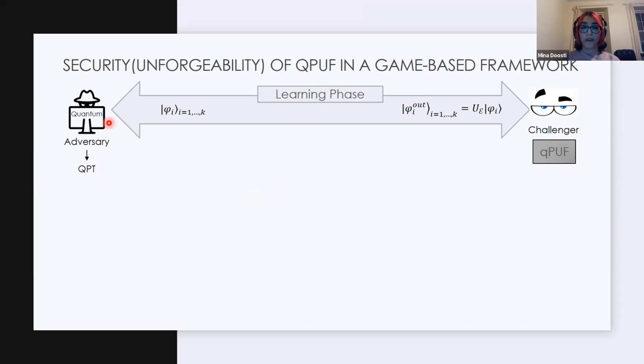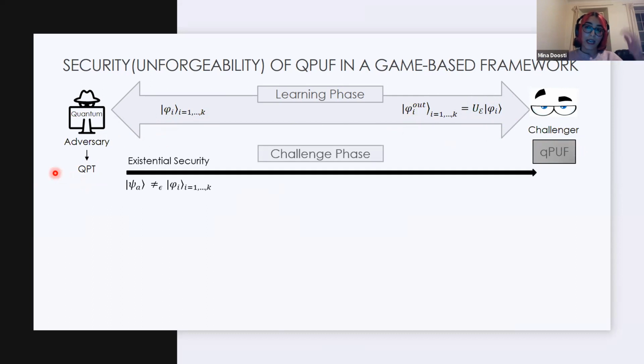There's a learning phase where the adversary gets oracle access to the qPUF, and it can query with arbitrary, presumably adaptive, quantum states, sending 1 to k quantum states to the challenger, and the challenger replies with U applied on the challenge, sending back the output.